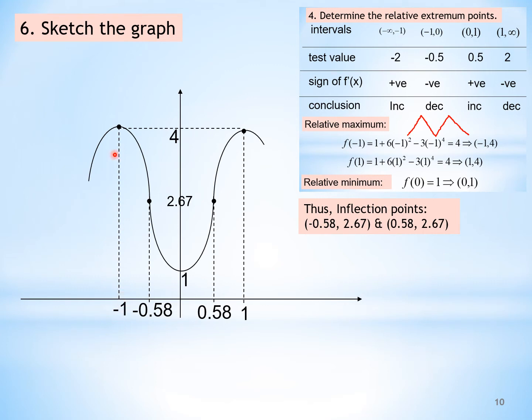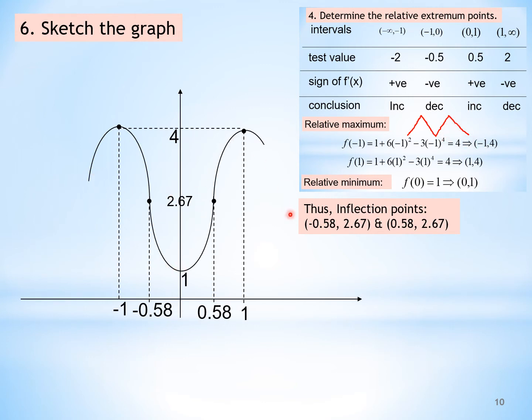Then from -1 until 0, decrease. And then again it's increase from 0 until 1, and then from 1 until infinity it will decrease like this. So it's quite similar to this.